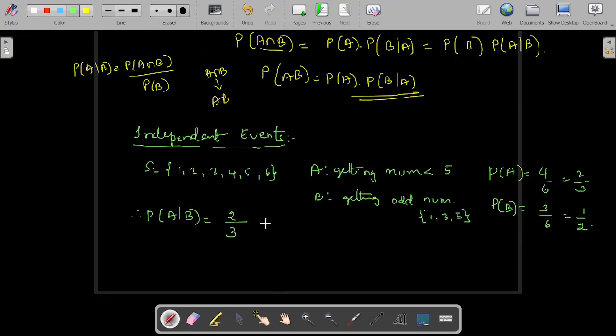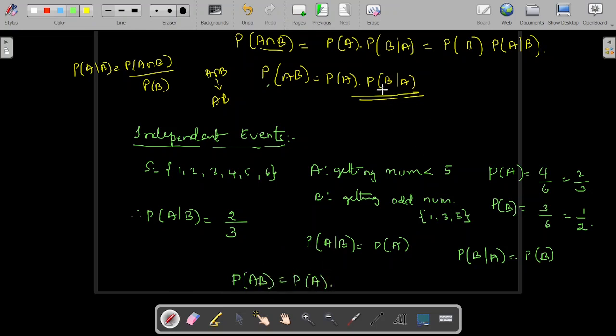Therefore, what happens in the case of independent events? The probability of A given that B has occurred is the same as P of A, or the probability of B given that A has occurred is the same as P of B. So in that case, the multiplication theorem becomes P of AB equals P of A into P of B. Therefore, this is the condition for independent events.